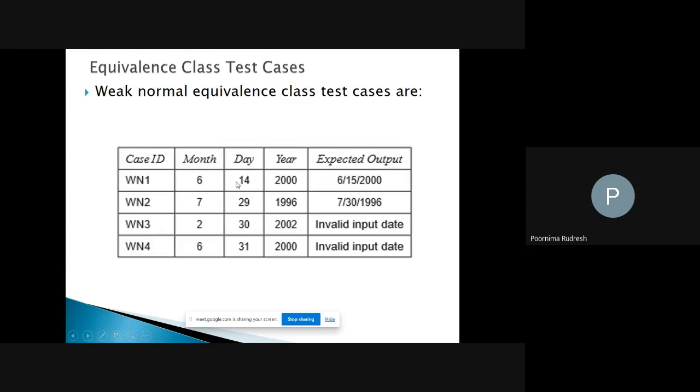If a value is more than the range, for example for the February month if we specify day 30, then 30 days will not be there in February, so it will display invalid input date, because that is the error. And June consists of only 30 days. If we specify 31, it will display the error message as invalid input date.